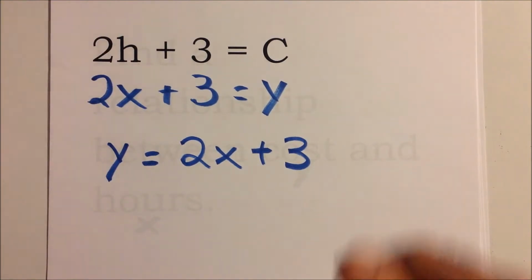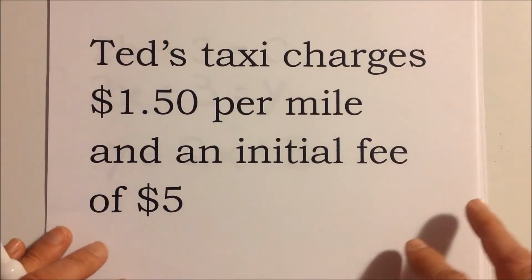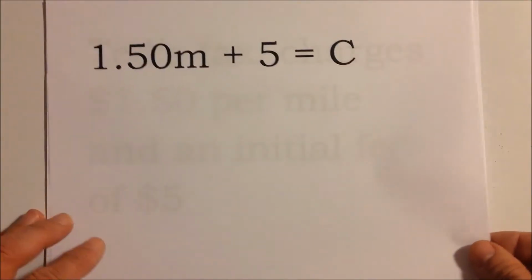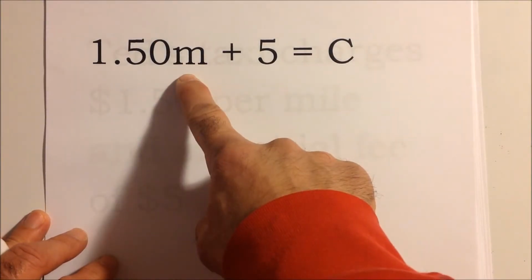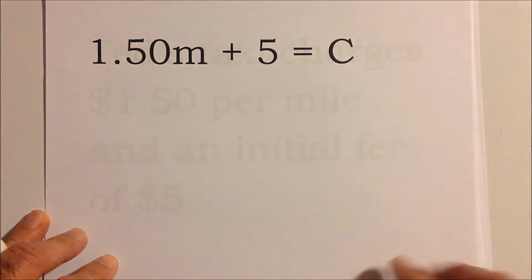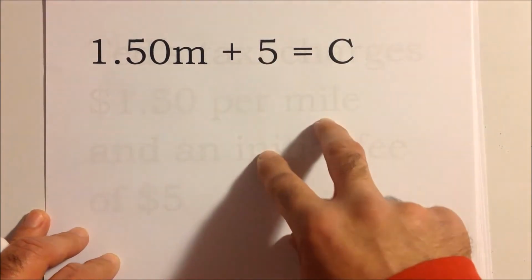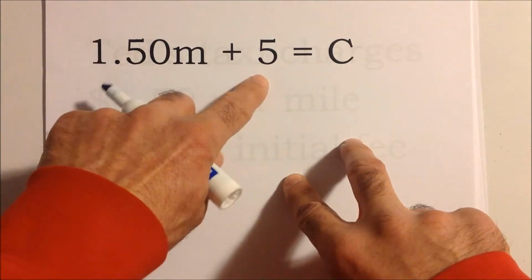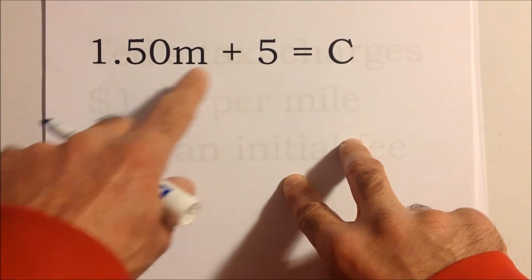So let's see if you can do this one. Ted's taxi charges $1.50 per mile and an initial fee of $5. How would you set up an equation like that? Okay, he's charging $1.50 per mile plus $5. That's the initial fee. You step into the taxi, and you're going to pay $5 even if you go less than a mile.